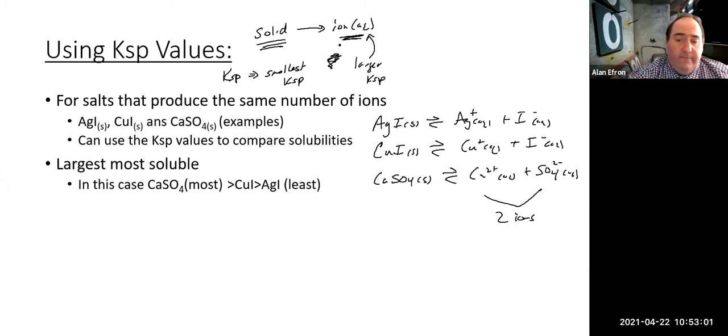Whether it's two things or three things, they all break apart into the same number of ions. It has to be the same total number of ions, like 2 and 2, 3 and 3, 4 and 4, whatever it may be.